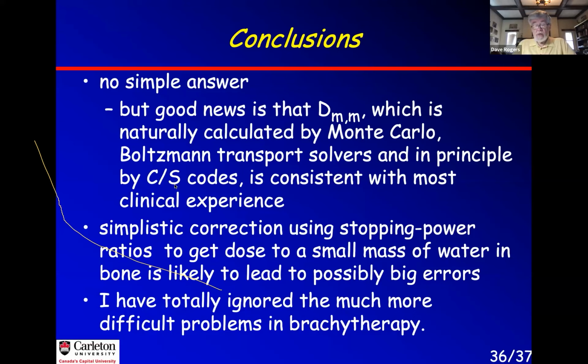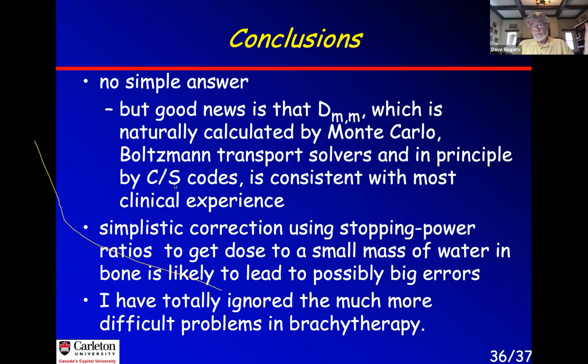Even though the concept of being concerned about the dose to the blood cells is something to be thought about. And then in this discussion, I have just totally ignored the much more difficult problems in brachytherapy. If you remember back to the very beginning, I showed you ratios of mass energy absorption coefficients, and I was making the point that they were very close to 1 for tissues to water in the external beam region, between 1 and 10 MV, say.